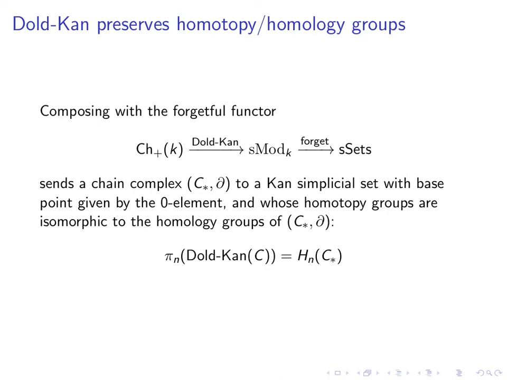One important fact of Dold-Kan is that it preserves the homotopy and homology groups. In other words, you start with your chain complex, and its homology in degree n equals the degree n homotopy group of the Dold-Kan simplicial K-module.